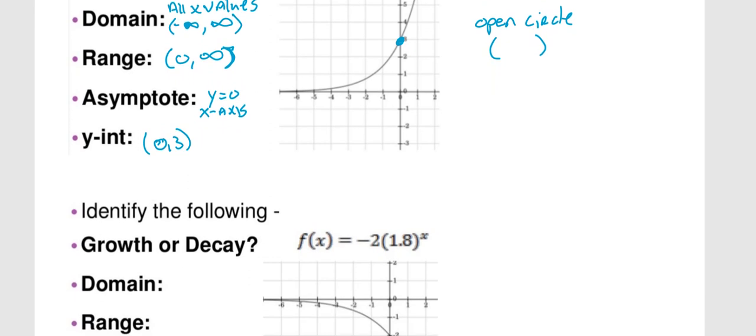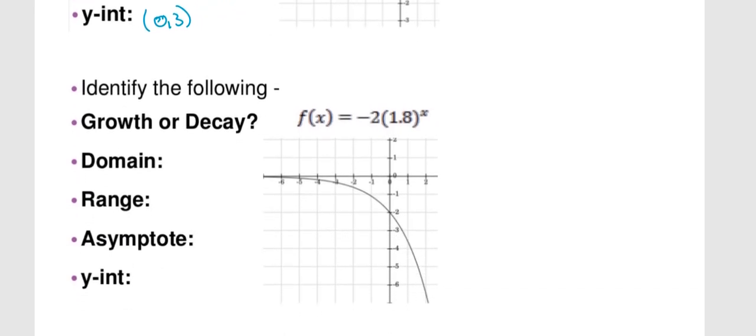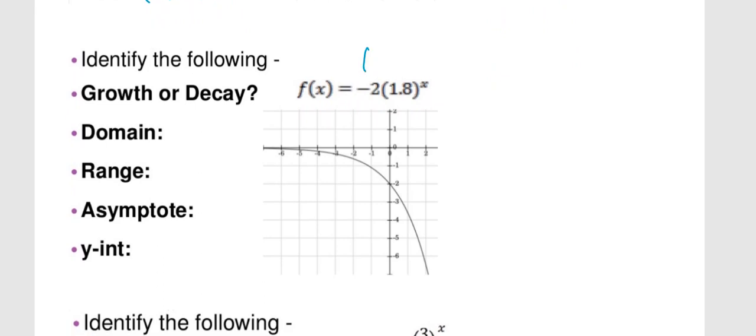Second example, it asks you whether it's growth or decay. Again, you don't worry about this negative piece. You really just look at what's to the power. This is growth. The domain is going to be all real numbers. You just put the big R, or again, negative infinity to positive infinity. The range: the graph is still not crossing the x-axis, but we're not going to say from 0 to positive infinity, it's negative infinity.